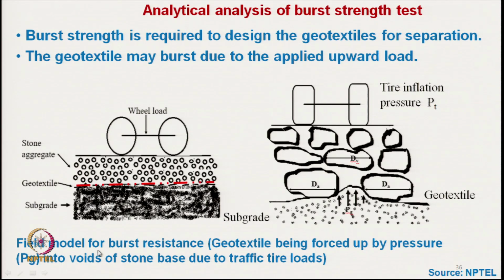So, the field model for burst resistance: this is the picture here, the geotextile being forced up by pressure Pg into the void of stone, from the base soil. There is a stone, that is why it is pumped inside, and mainly bursting pressure is created in this zone.